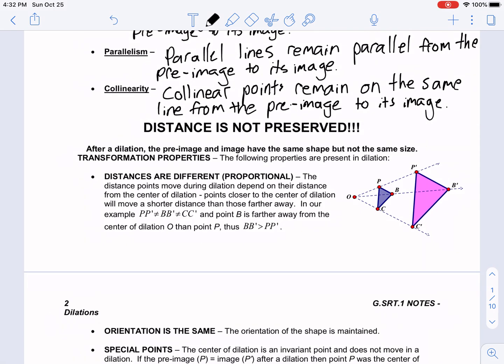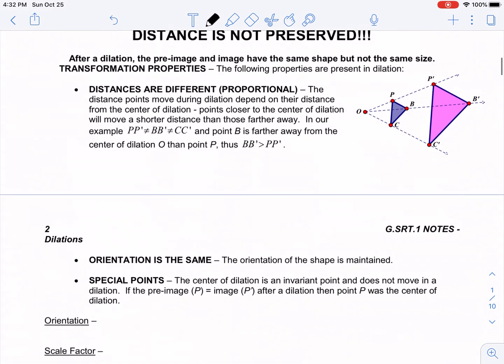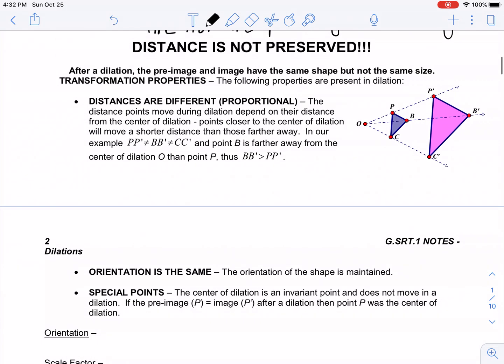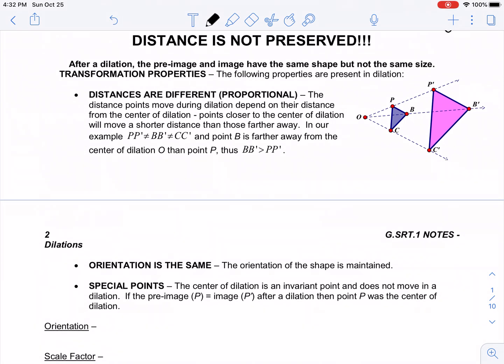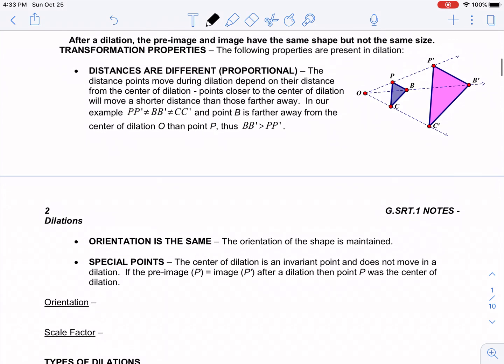Now, the thing that is not preserved here is the distances between the points. The distance the points move during dilation depends on their distance from the center of dilation.